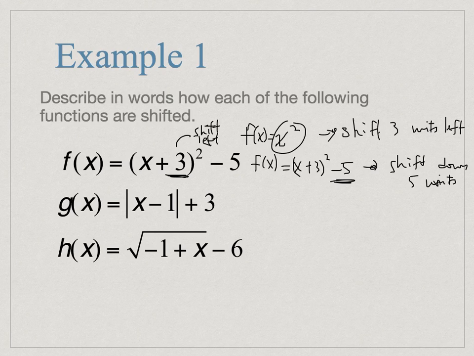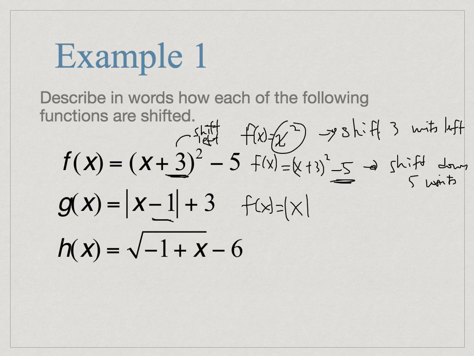Okay, what would this one be? G of x. We have the absolute value of x minus 1, plus 3. Well, the base graph is going to be f of x equals the absolute value of x, right? So again, this is the same thing. We're going to shift it, and this time, because it's a negative 1, we're shifting it horizontally, right? It's inside my function.